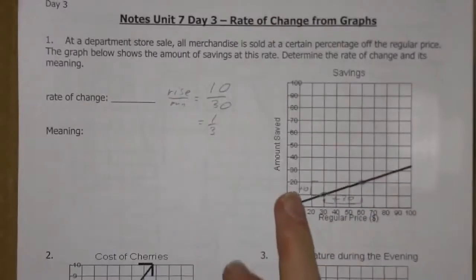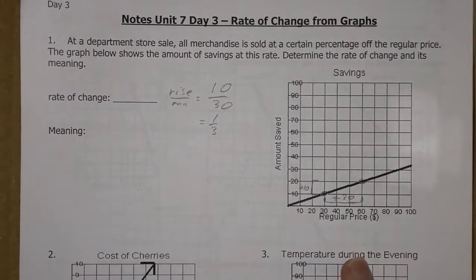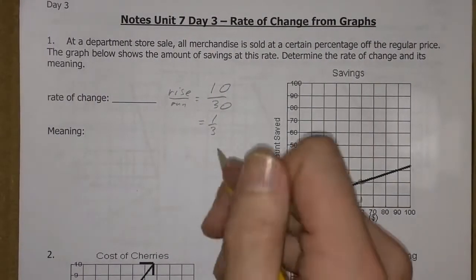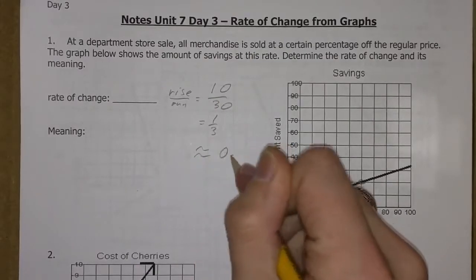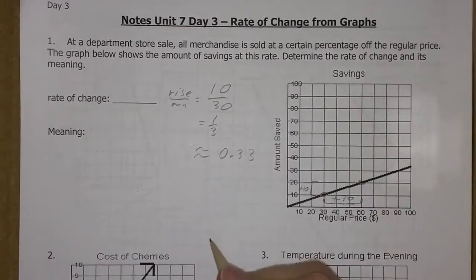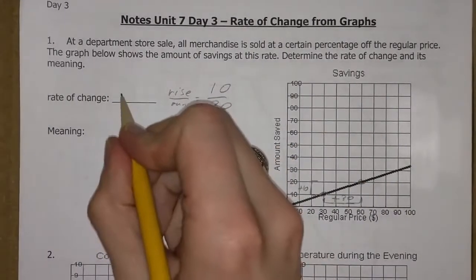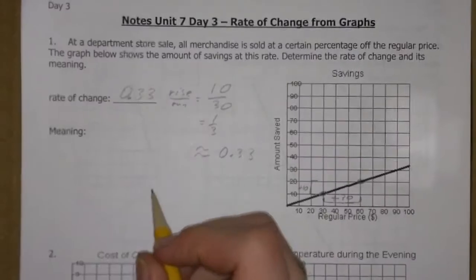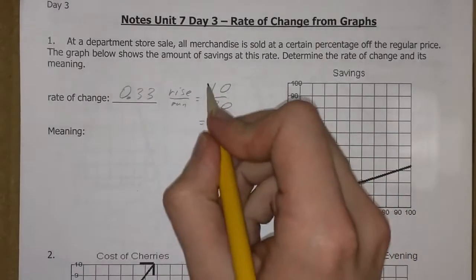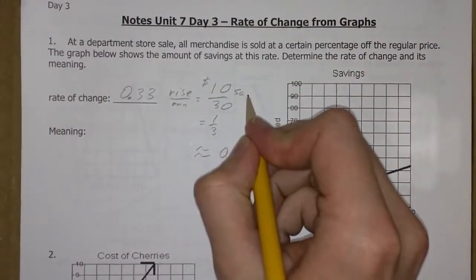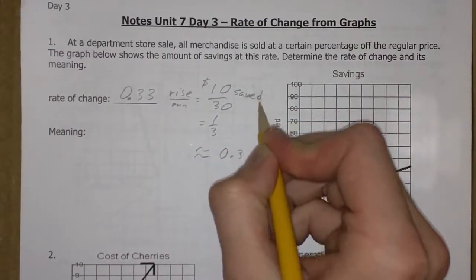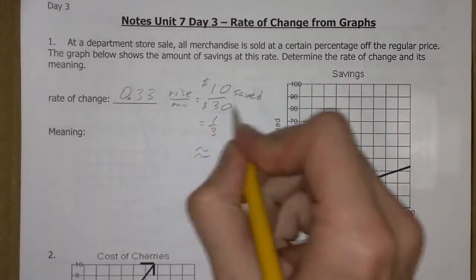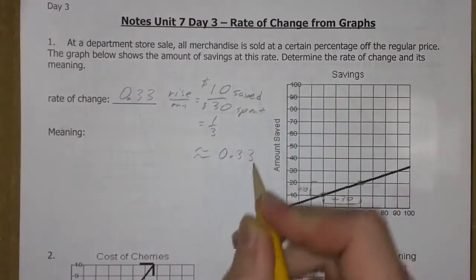In this context we're talking about money, amount saved and regular prices, all in money. So we're going to say that's approximately 0.33. My rate of change is 0.33, and the meaning has to do with the amount saved and the amount spent.